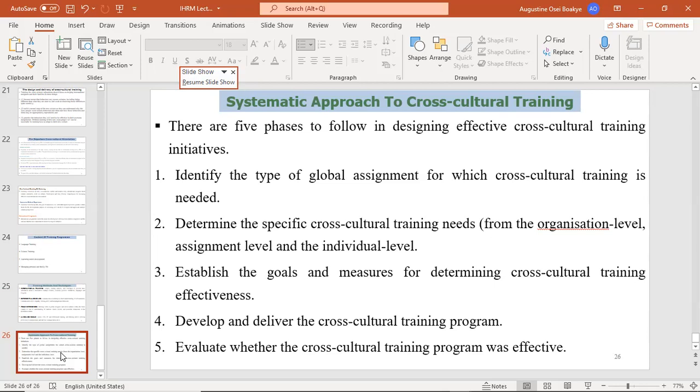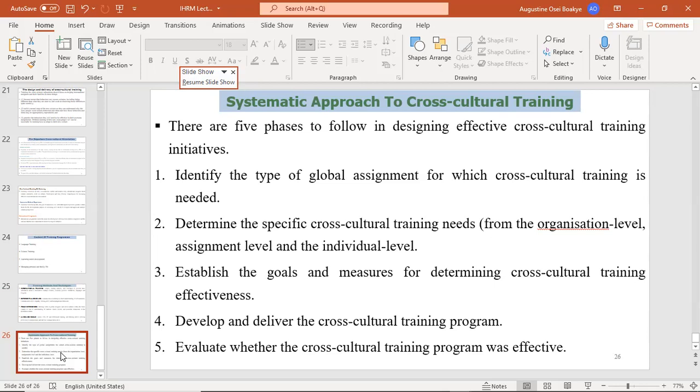It has to be followed systematically, and that is why we call it a systematic approach to cross-cultural training. And the systematic approach to cross-cultural training basically contains that there are 5 phases that can be followed to design a cross-cultural training initiative, which is very much effective.